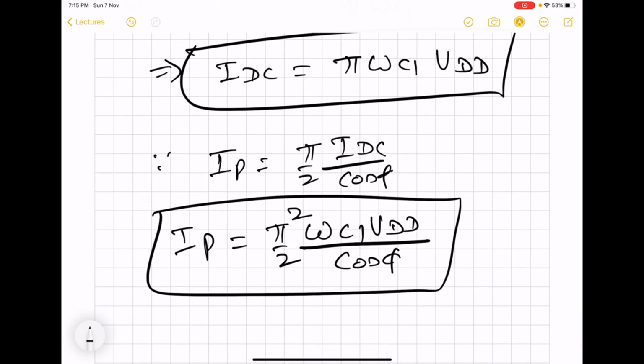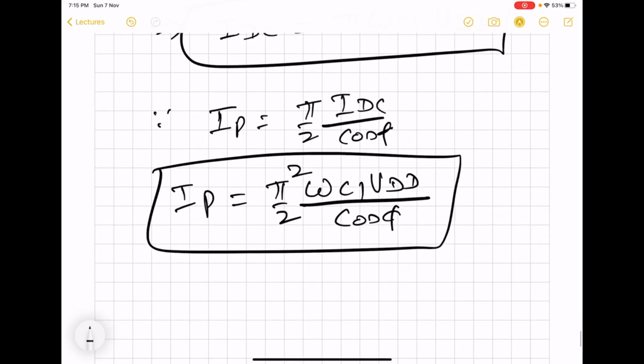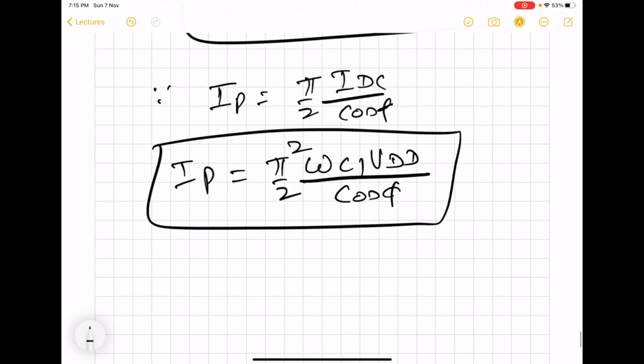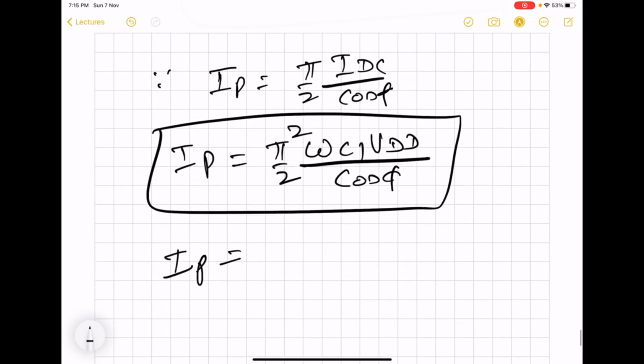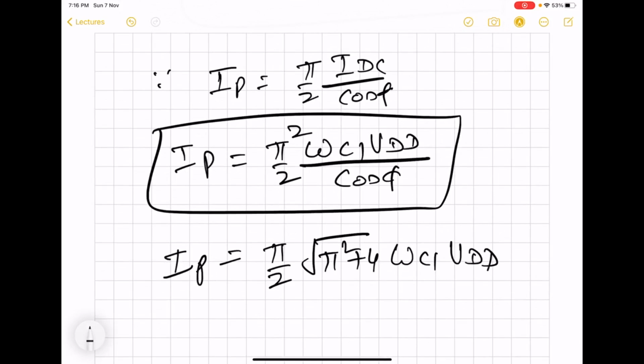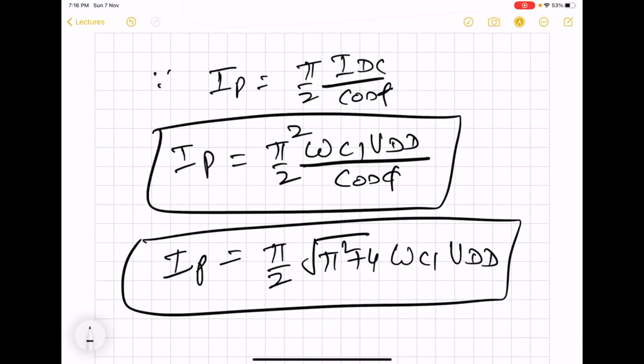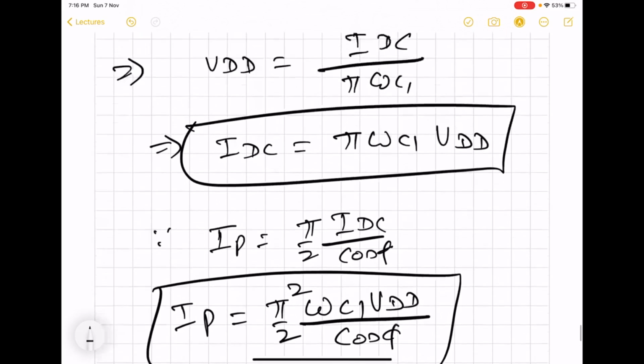So this is another equation that we will be using later on. Or if we replace phi, then IP becomes pi by 2 times square root of pi square plus 4 times omega C1 VDD. So this is another expression for IP.